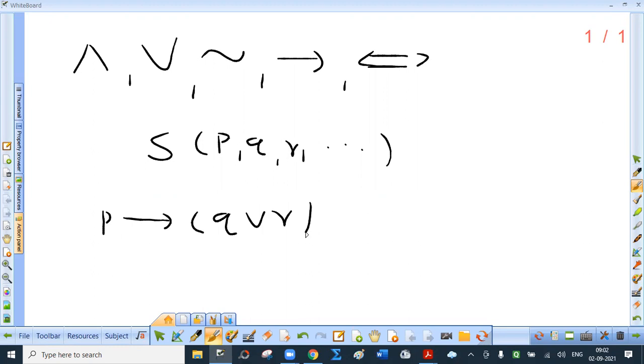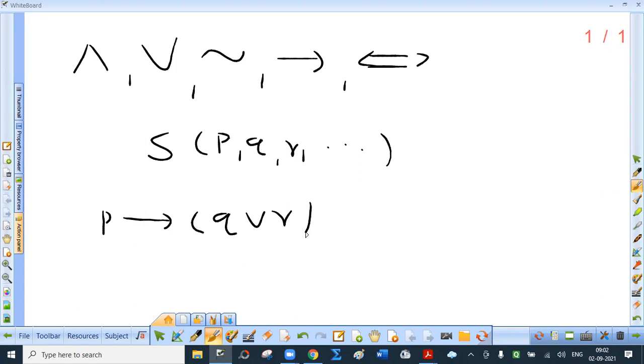What is logical equivalence? Two statement patterns, S1 and S2, are said to be logically equivalent, or we can just say equivalent or equal, if they have identical truth values in their truth tables for each combination of the truth values of their components.